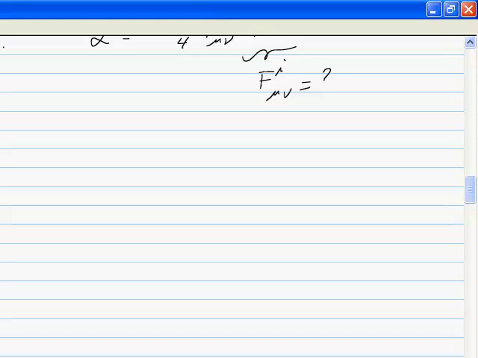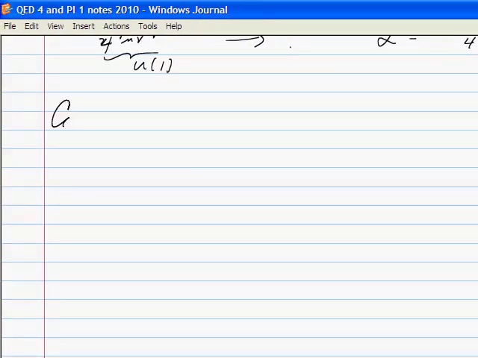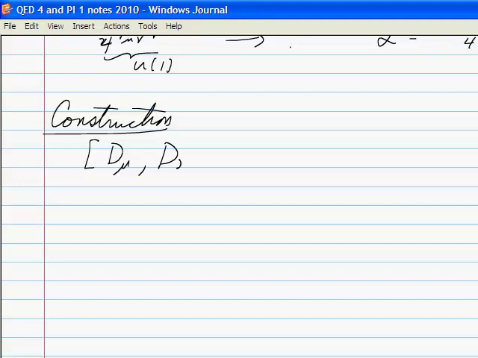Let's take the following: I take the covariant derivative mu and commute it with the covariant derivative nu.